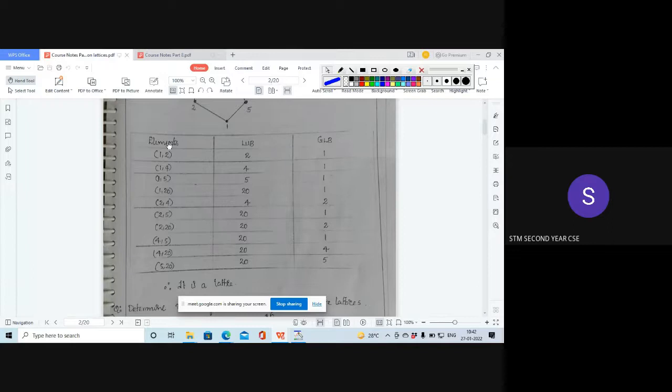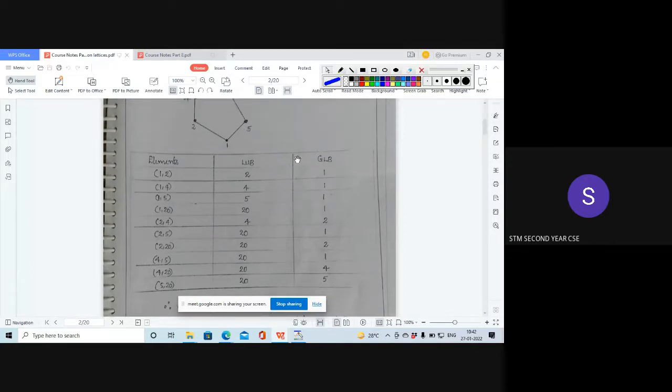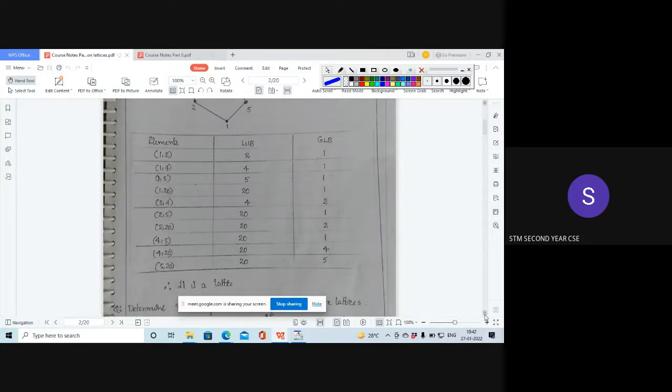You have to write all possible ordered pairs in the lattice and check if it has a least upper bound and a greatest lower bound. If it exists for all ordered pairs, then it can be considered as a lattice. All Hasse diagrams are not lattices, but all lattices are Hasse diagrams. So given a Hasse diagram, you will be asked to check whether it is a lattice or not.